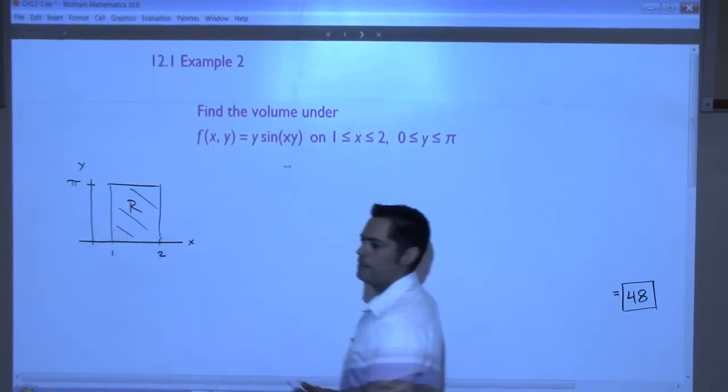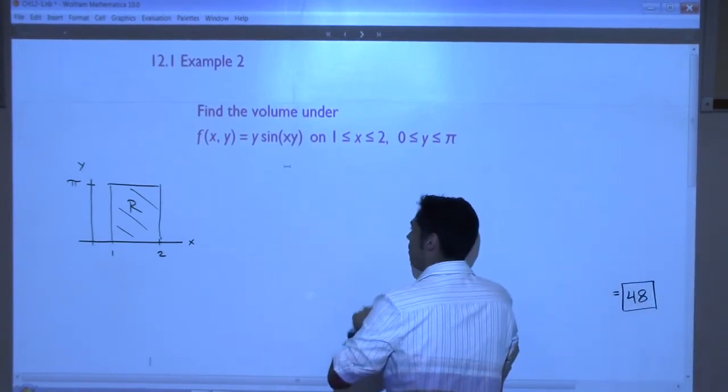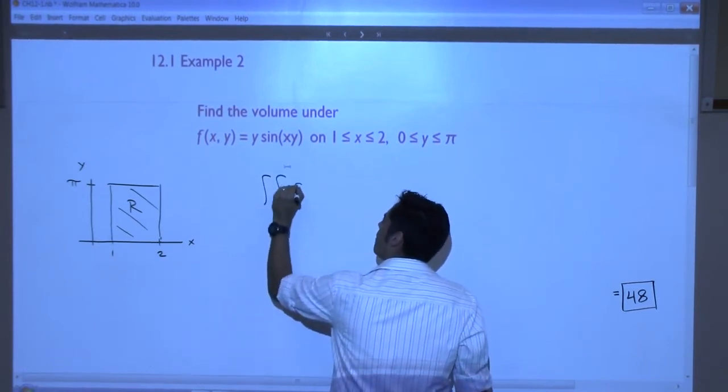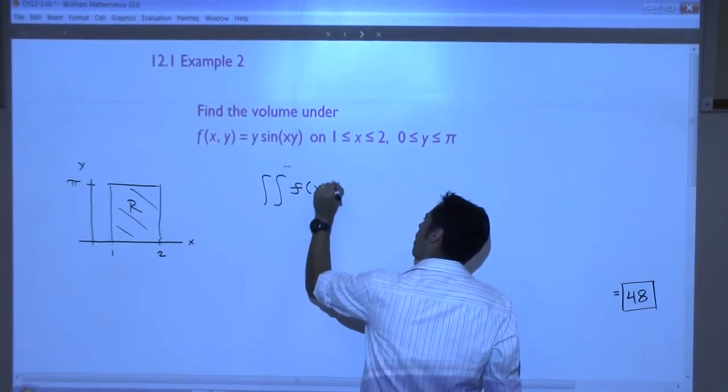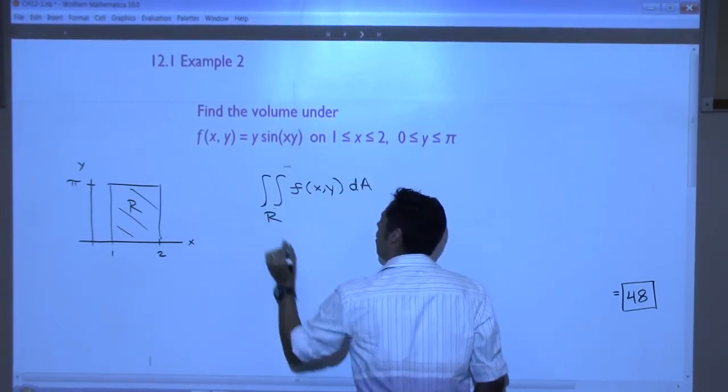That's r, right? So I want the double integral of the function of x and y with respect to area. So I'm double integrating over r.